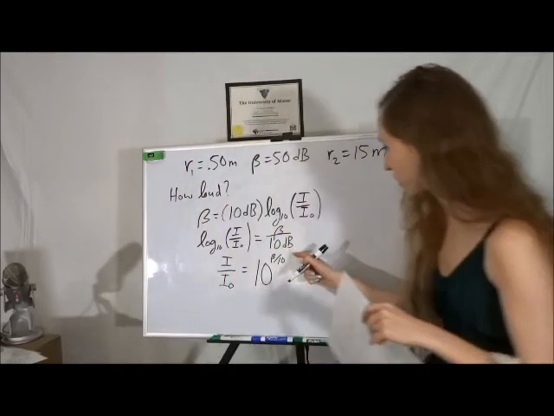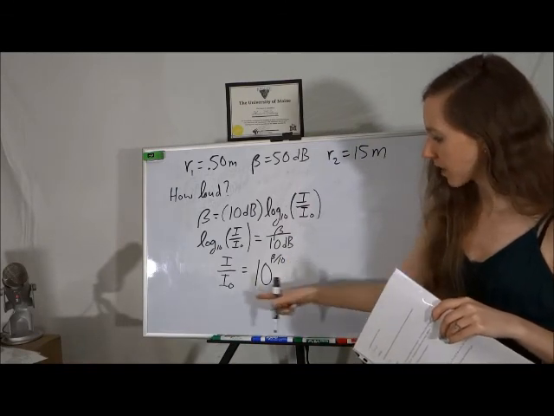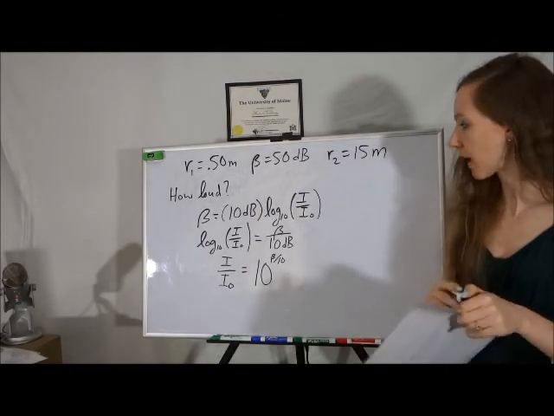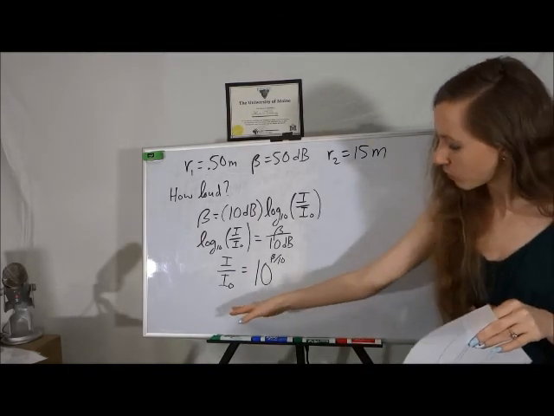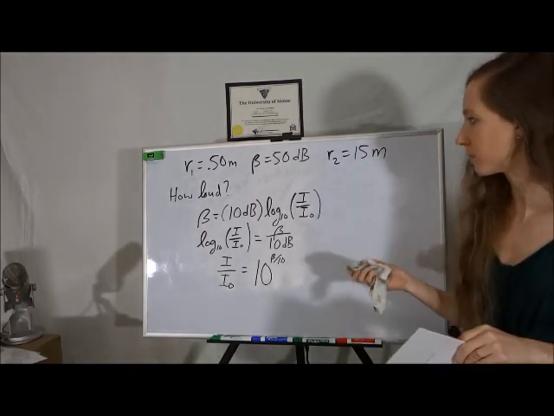And I'm going to drop the decibels for right now, but remember that this one has units of decibels. So that's what our equation is going to look like now. And then the last thing we're going to have to do is multiply both sides by I naught, and then we'll be able to figure out what I is.